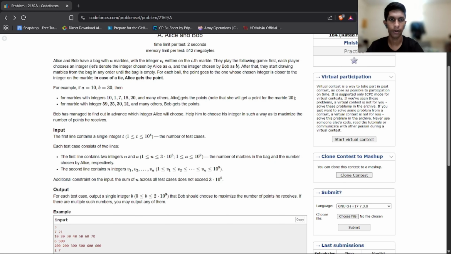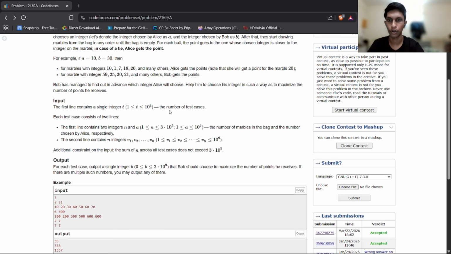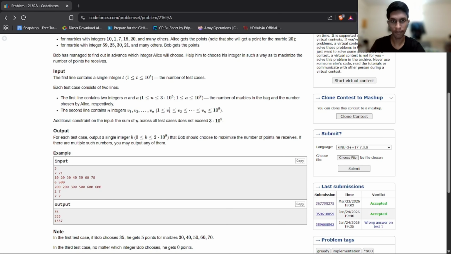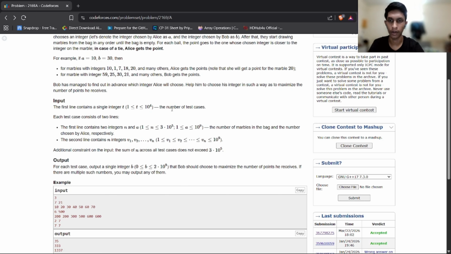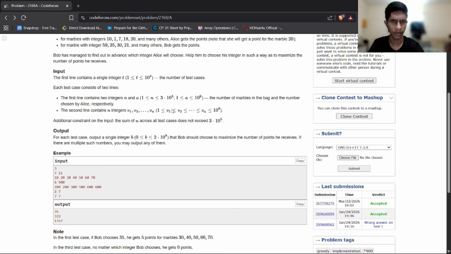Since Bob has somehow got to know what Alice will choose, that's our advantage, and that's how we have to manipulate the game and keep it on Bob's side so that Bob will win. The first line gives the number of marbles in the bag and the number chosen by Alice.